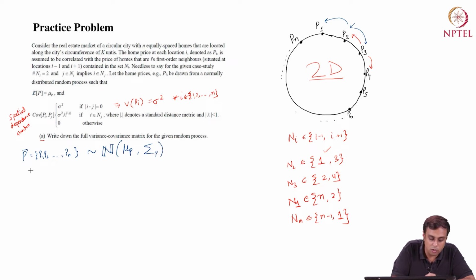I know that my p is an n by 1 vector, so there are n rows and 1 column: p1, p2, p3, p4, p5 till pn. And mu p, which is the expectation of each p, is also n by 1, so this itself is a vector.